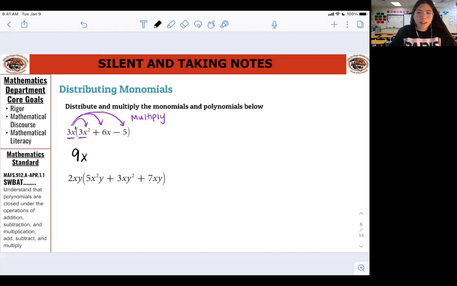Who's brave enough to say it out loud? X to the power of? Add the exponents. Oh, 3. Good. X to the power of 3. Okay. Next, now I'm doing 3x times 6x. What do I get?